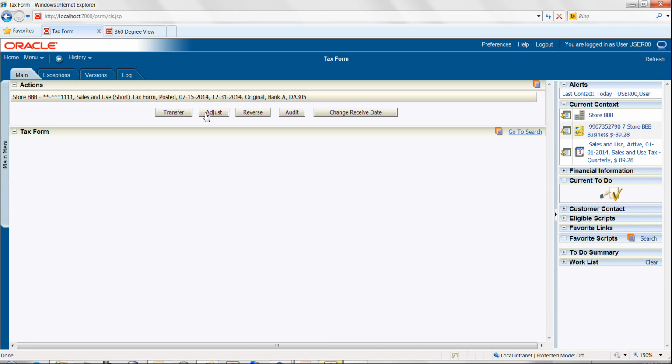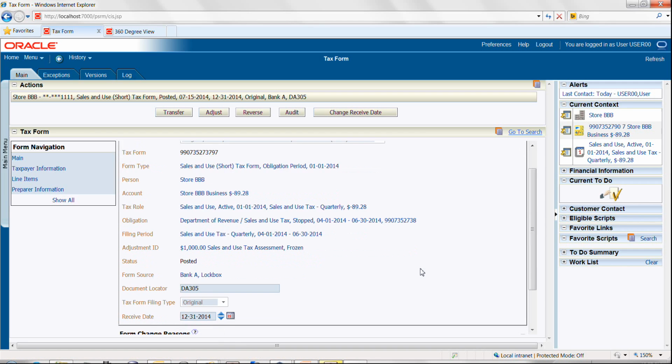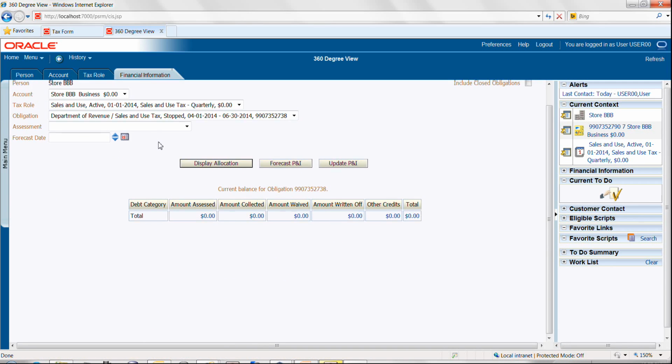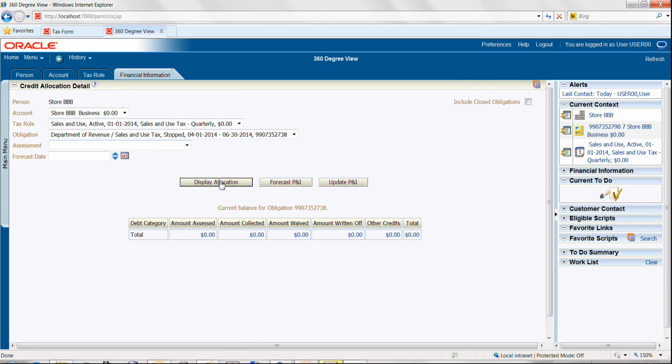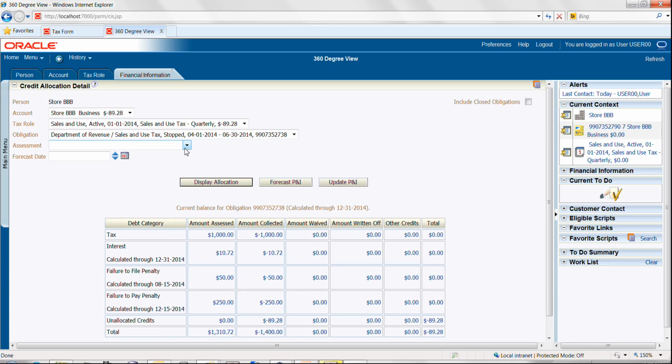What we see is that we have an adjustment for 1,000. The balance has gone down to minus 89, meaning there's an overpayment. If we look at the financials for this particular obligation, yeah, we have one assessment there.